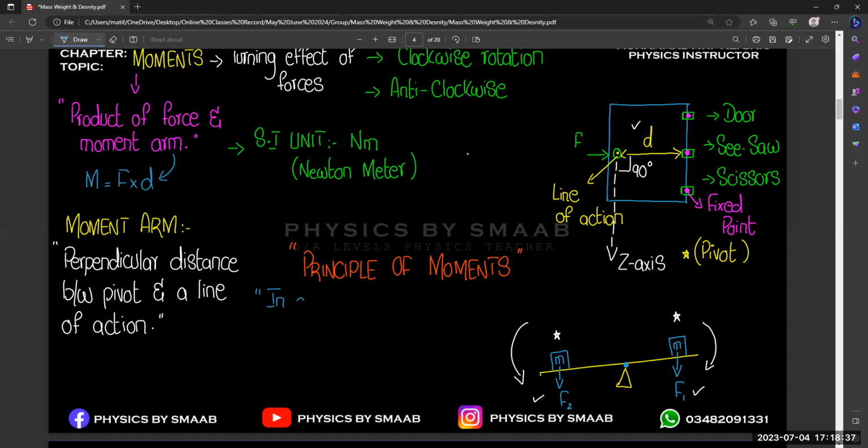The principle of moment is: in an equilibrium state, the sum of clockwise moments will be equal to the sum of anti-clockwise moments. We write sum because sometimes we have more than one object on a single side, or one object on one side and three bodies on the other side.